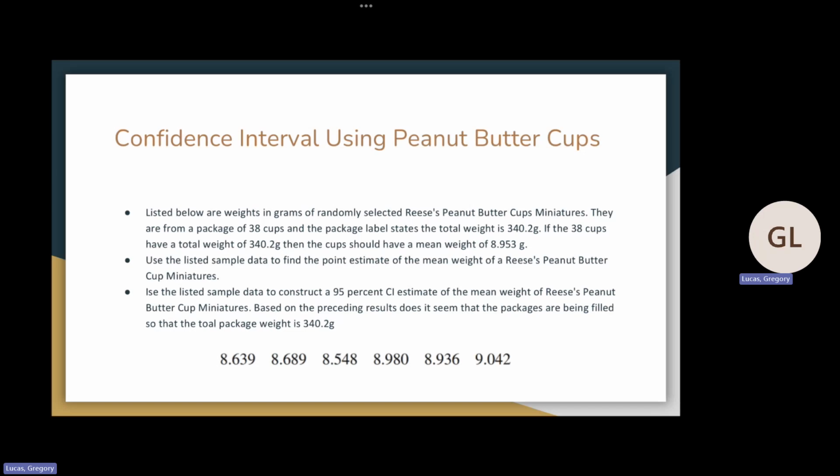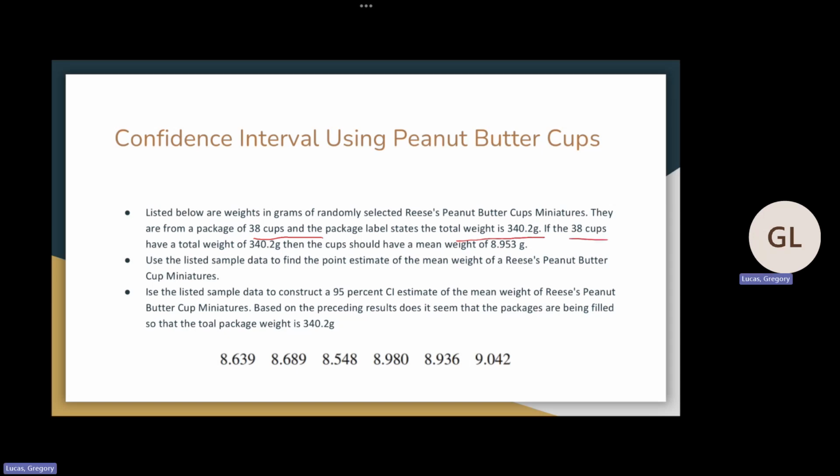Based on the preceding results, does it seem that the packages are being filled so the total package weight is 340.2 grams? Okay. So we have our sample data here at the bottom, these 6 numbers, and we want to answer these 2 questions. We have some of our information in here: a package of 38 cups, and the package says it's 340.2 grams.